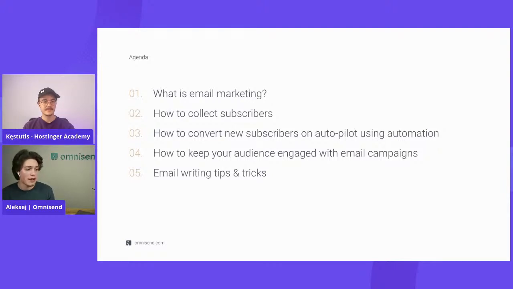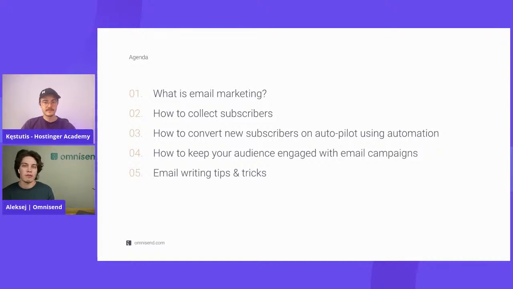And then number five, email writing tips and tricks. This is probably the most difficult part about email marketing. All of the theory, all of the strategy is always very clear. You collect subscribers, you send them automated messages, and you send them email campaigns. But when it comes to actually filling out those emails, even when you have the pre-built templates, it is a completely different level of writer's block.